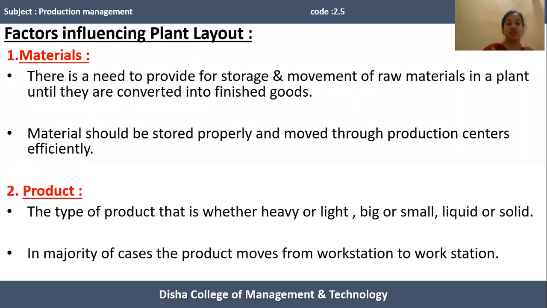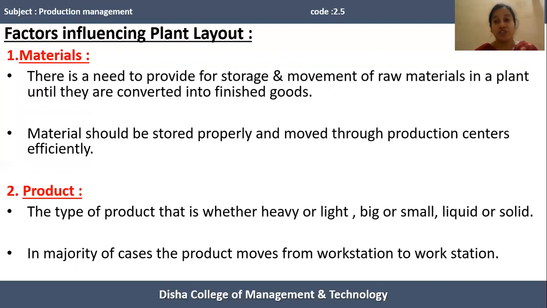First, the production manager has to consider the factor that is material. Material is the most important aspect that affects the plant layout of an organization. Means some organizations use liquid type of material, some organizations use solid material, or some organizations use gaseous type of material.